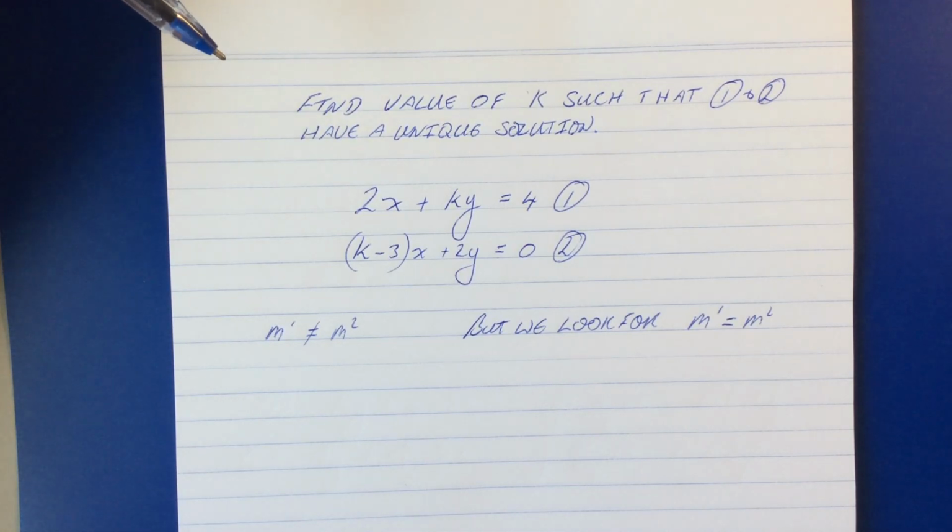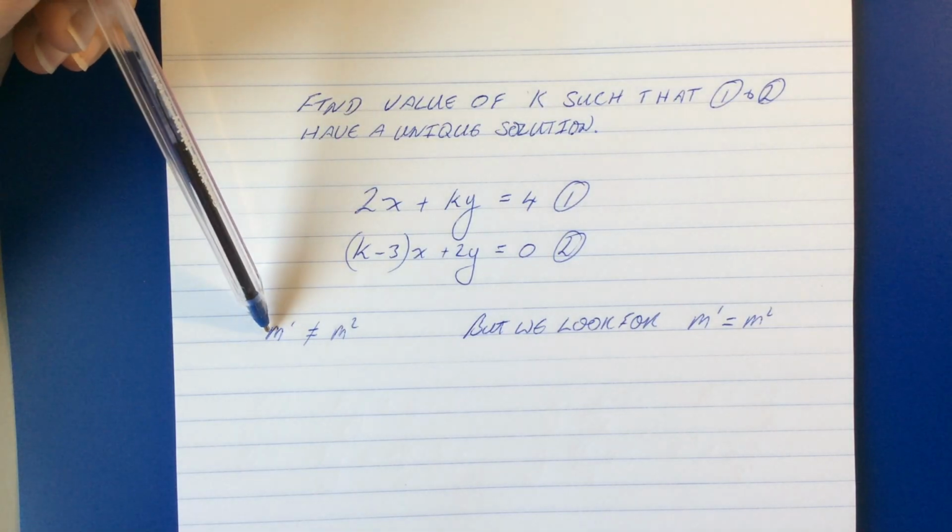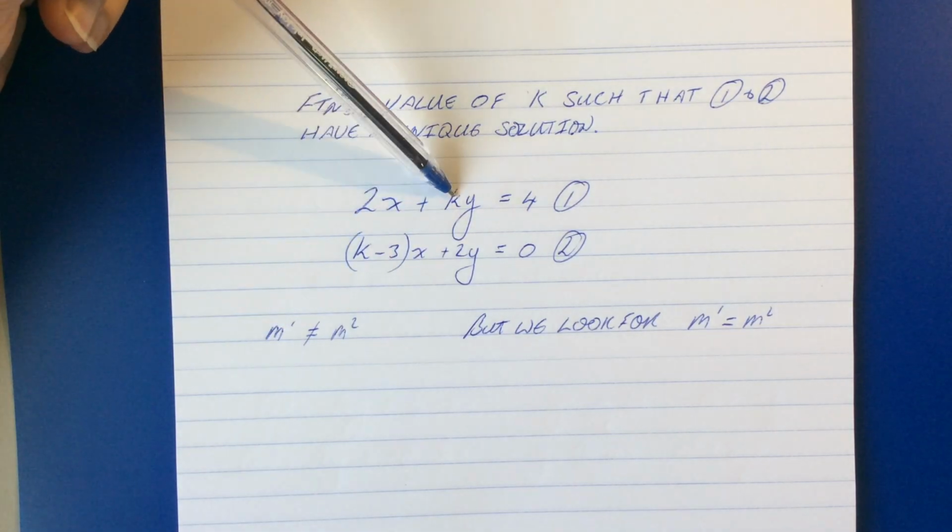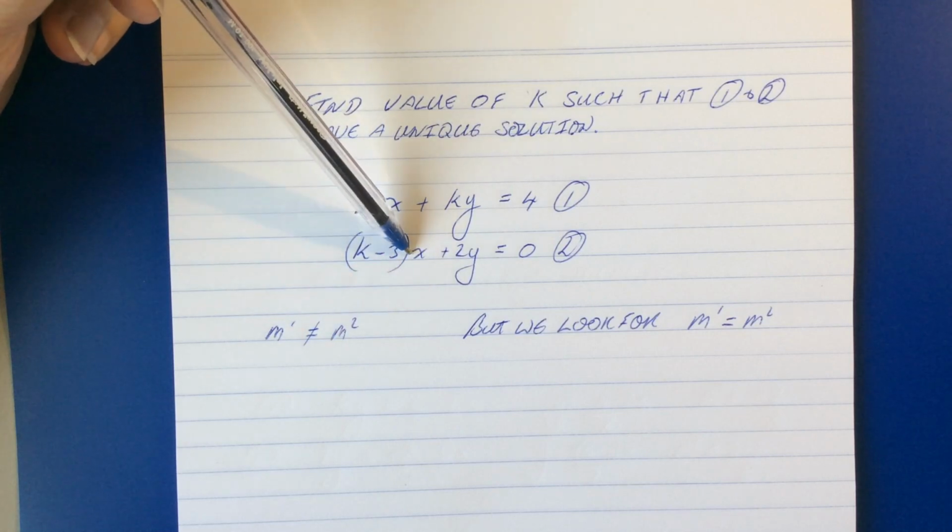What we know is that if the gradients are different, they will inevitably cross at some point. So what we're looking for is where the gradient of 1 does not equal the gradient of 2.